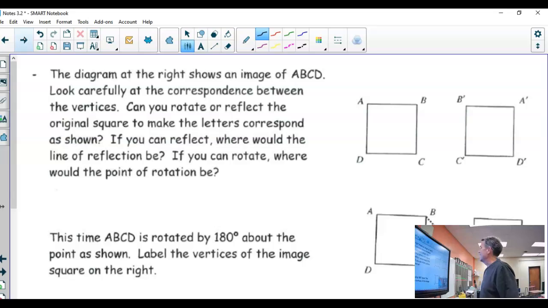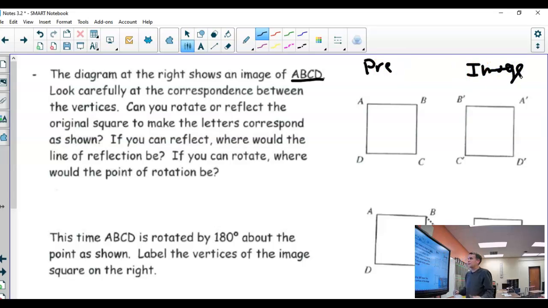All right, real quick, I'm trying to get through this. So here I have a diagram that shows an image of quadrilateral ABCD, right? So this is the pre-image, and this is the image, the A prime, B prime, C prime, D prime.